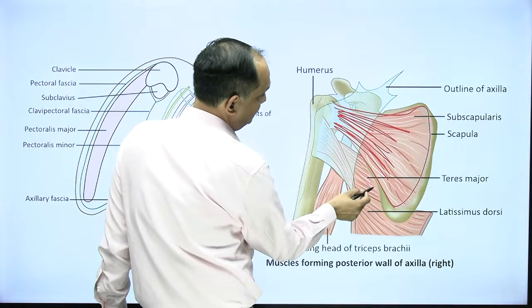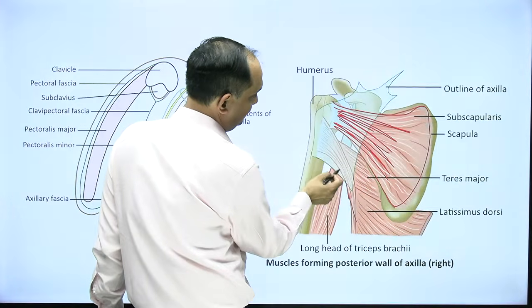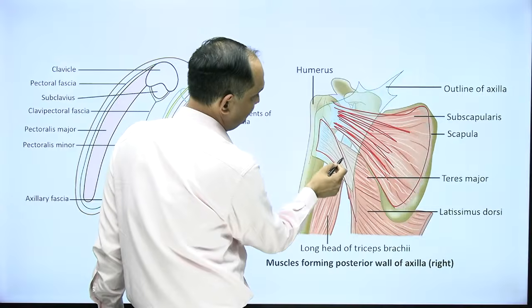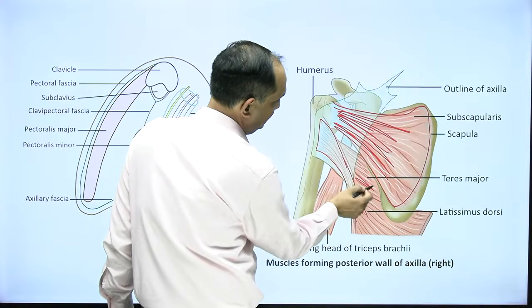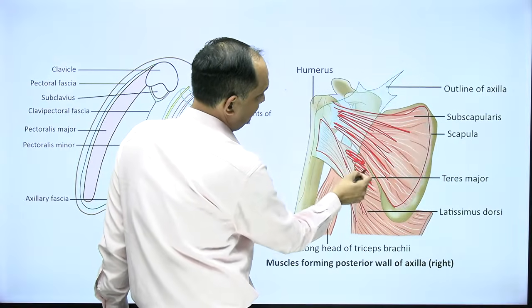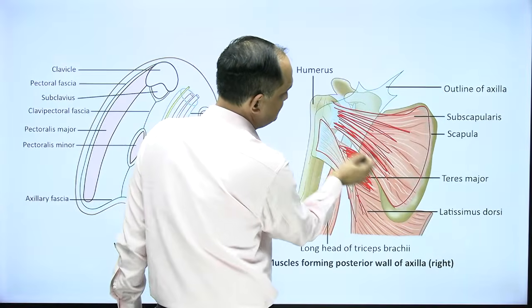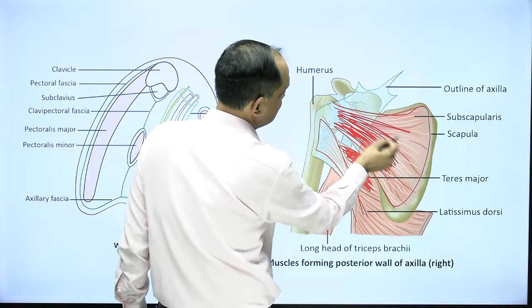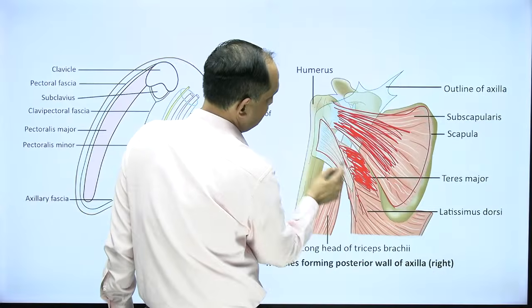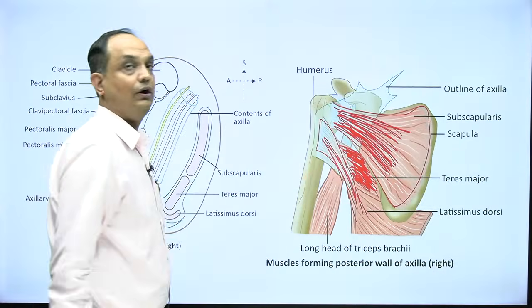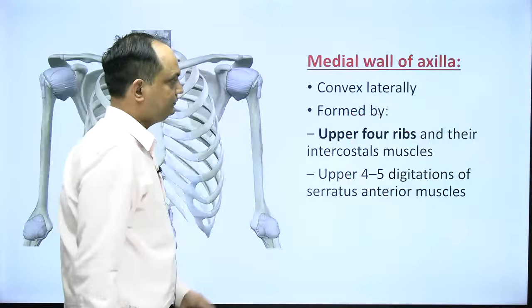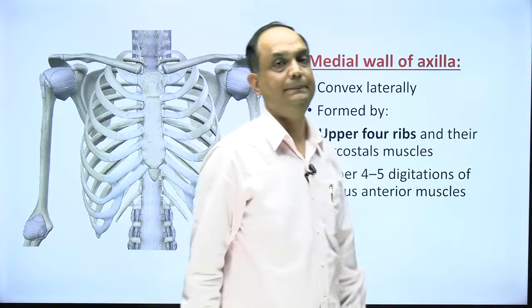Then you will have the rotation of your latissimus dorsi fibers, and this is your teres major. So when you are coming from above downward in the axilla, you have three muscles: subscapularis, then teres major, and then latissimus dorsi. Clear?